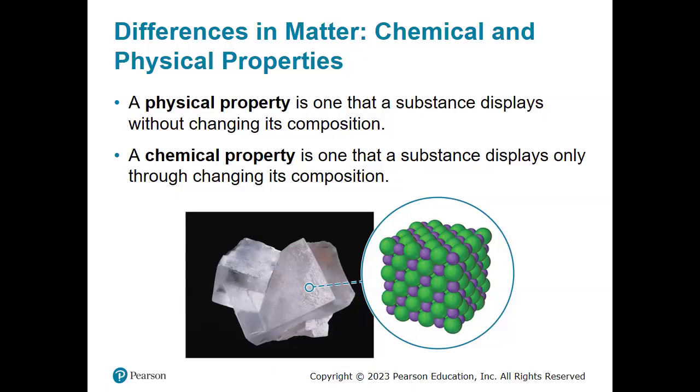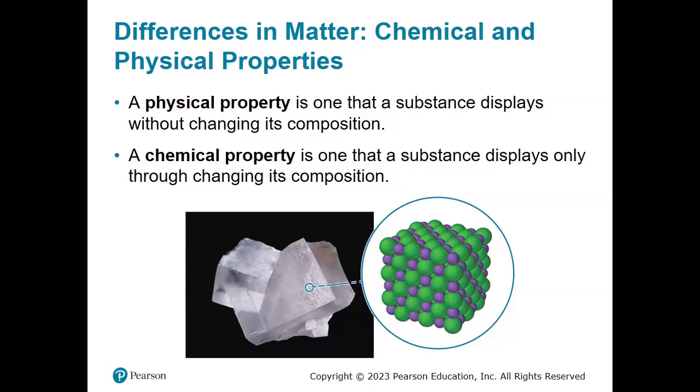It forms crystals that are blocky and kind of rectangular in shape. If I had a ruler, I could probably measure its dimensions. If I had a balance, I can measure its mass. So those would all be examples of physical properties, things that I can observe or even measure that wouldn't change the chemical substance itself.